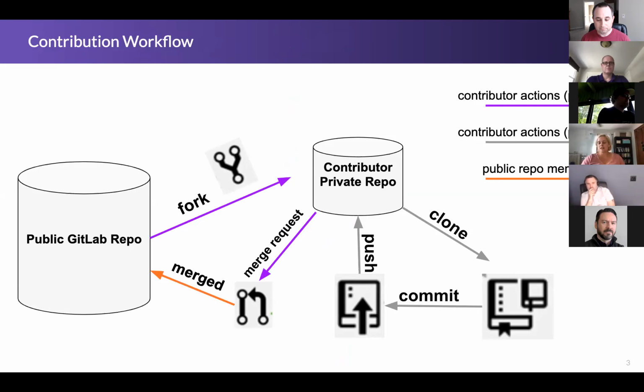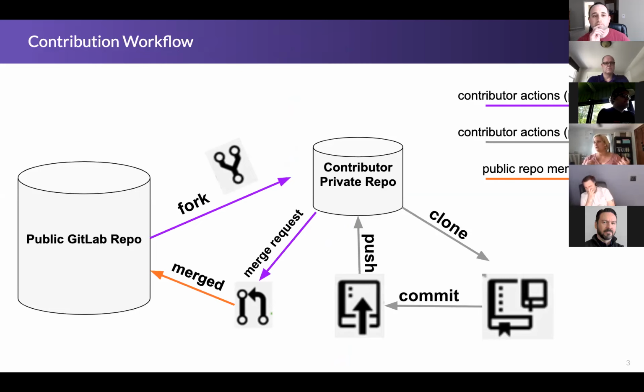So the overall workflow is, and kind of to set the scenario, if I am someone who wants to contribute to an open source project, that's a public project where I can see all of the code, but I don't have access to be able to create a branch in that project, make changes, create a merge request directly in that repository.